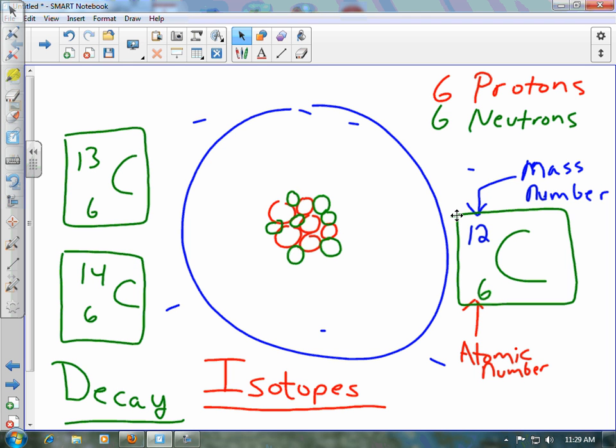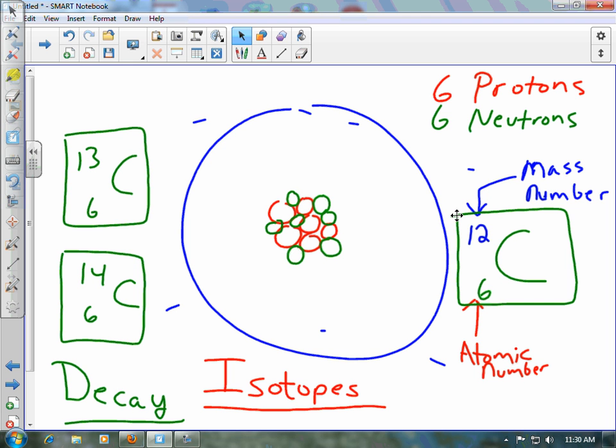It'll get to carbon-12 and make a radioactive decay product. And it'll basically decay towards stability. But these other versions of carbon, these isotopes, will stick around for a while.